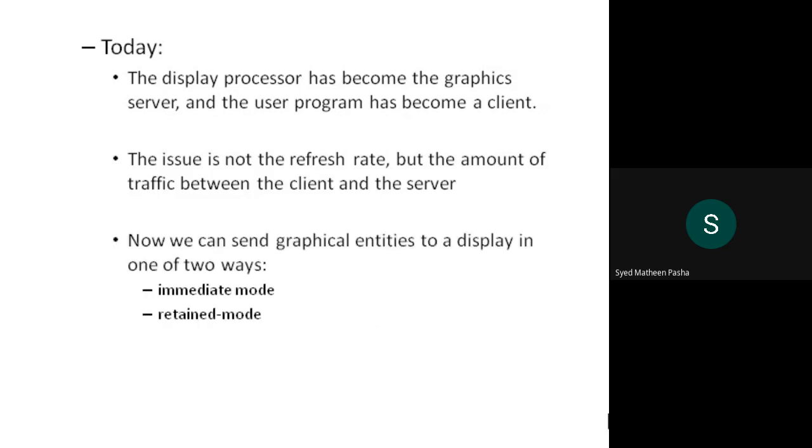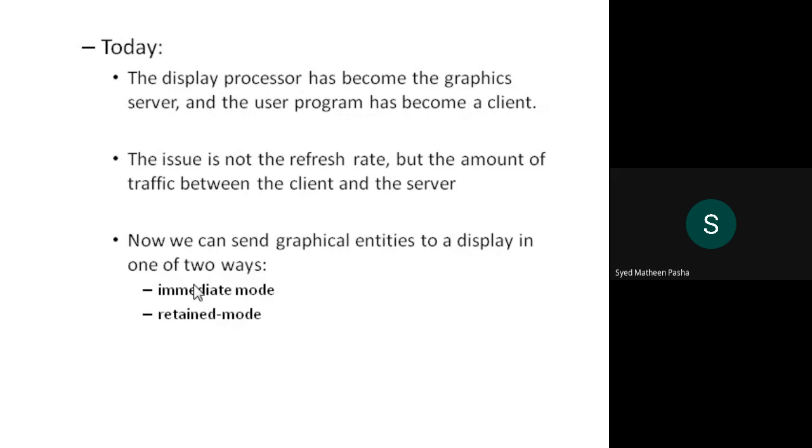Then we can send graphical entities to a display in one of two modes. That is, whatever entity we have, the performance we have with respect to the display, we have with respect to two modes. One is immediate mode as well as retained mode.